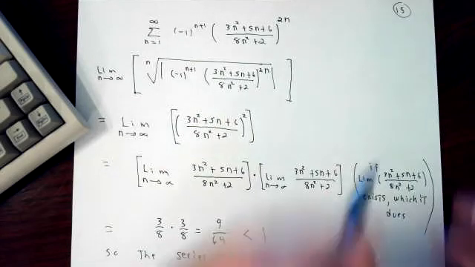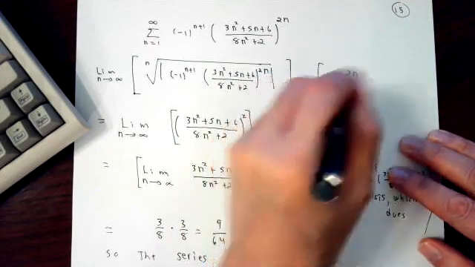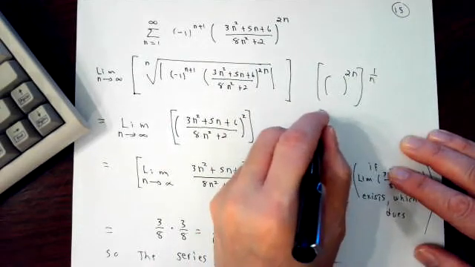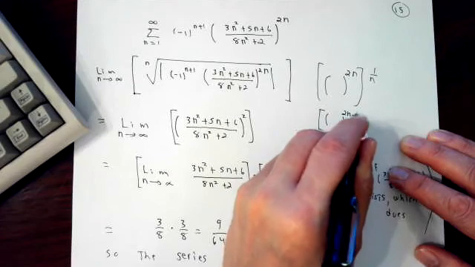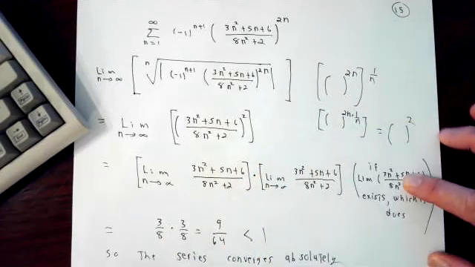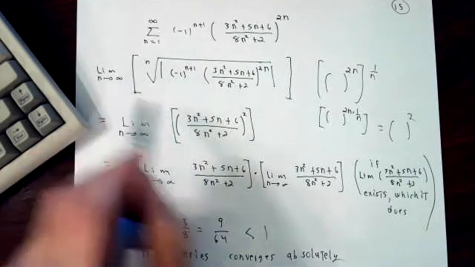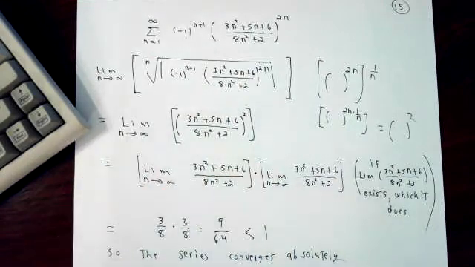And if I have something raised to the 2n power, and then raise that to the 1 over n power, it turns out that that's just the square of whatever I'd been raising to the 2n power originally. So this complicated looking thing simplifies down into this.